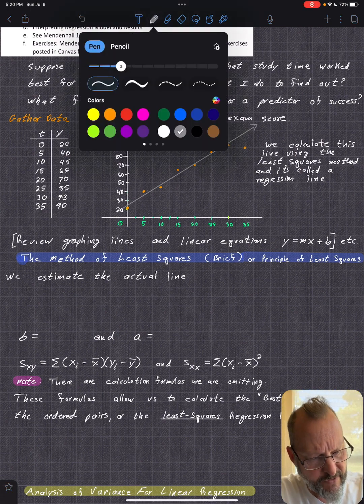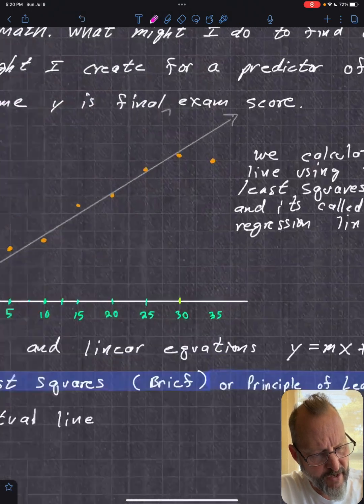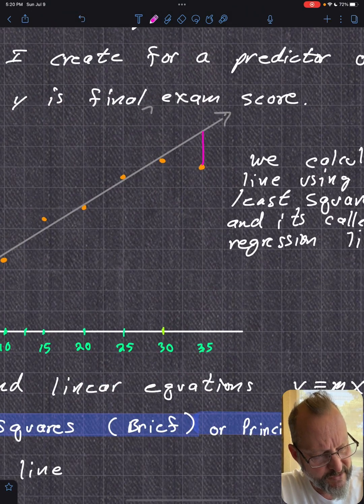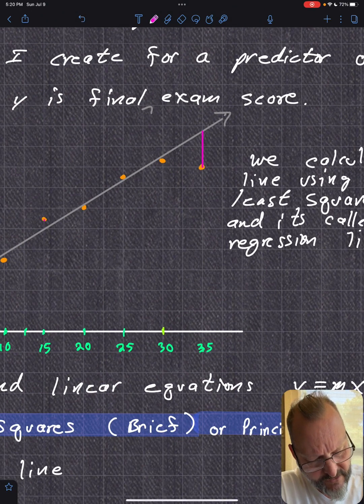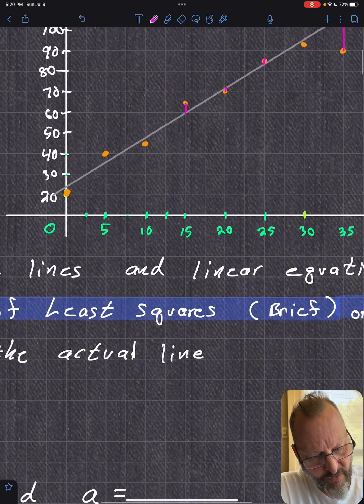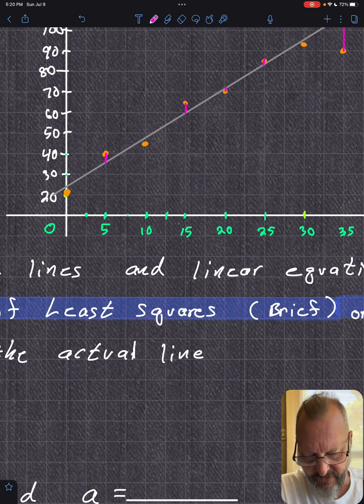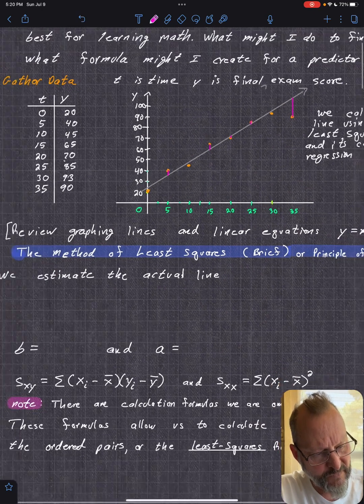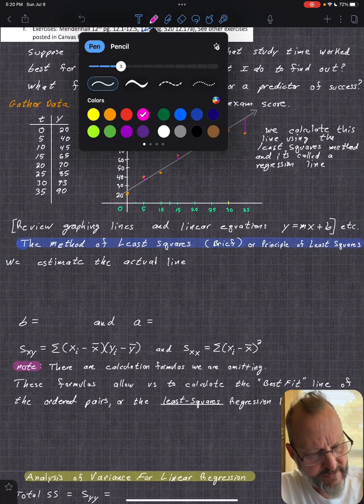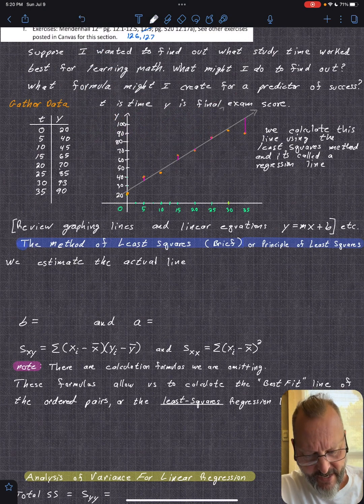What you calculate when you're doing this are these errors. So you look at this distance and this distance and whatever else you can find. I lined it up pretty well, so it's not a big difference here, so maybe not a good example. And that's what we'll look at.